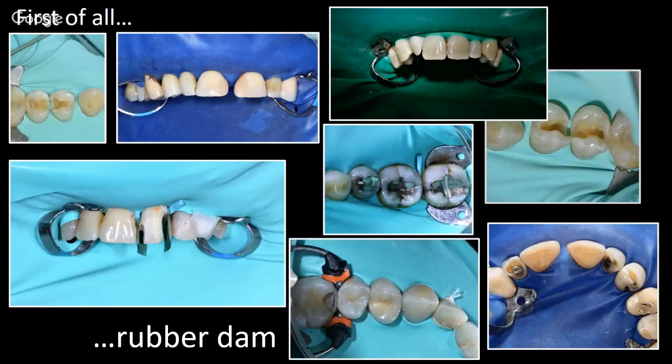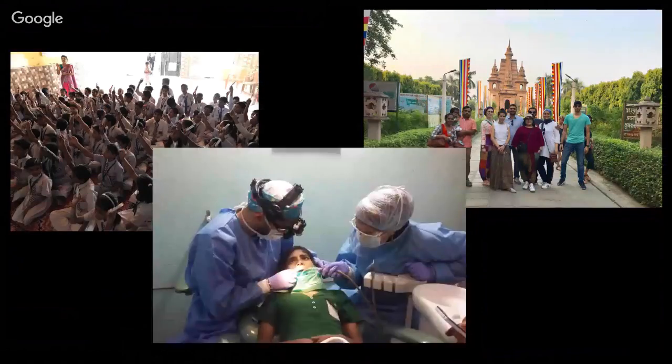And as well, we can be much faster, sorry guys, because we can treat several teeth just at one time. So I think that it's something that is mandatory. Rubber dam always, not only in our private office, but rubber dam everywhere.